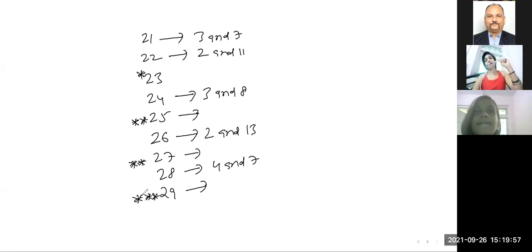Now just see one thing on the board. Even if I have not covered it yet in this class, once I cover 23, 25, 27 and 29, we will be able to finish all of them. If I teach you this part, then we can say that we have covered the divisibility test for all the numbers from 1 to 29.